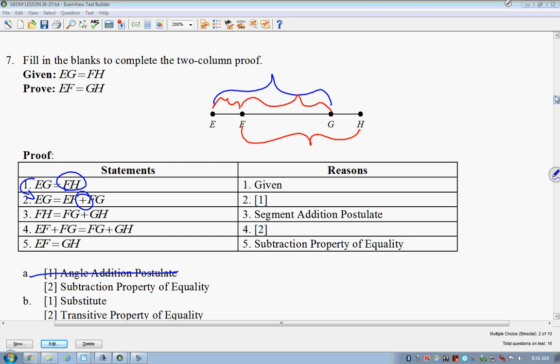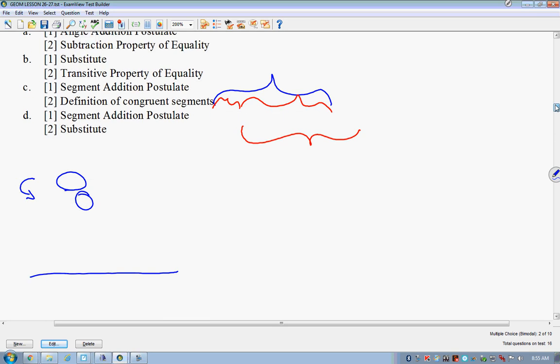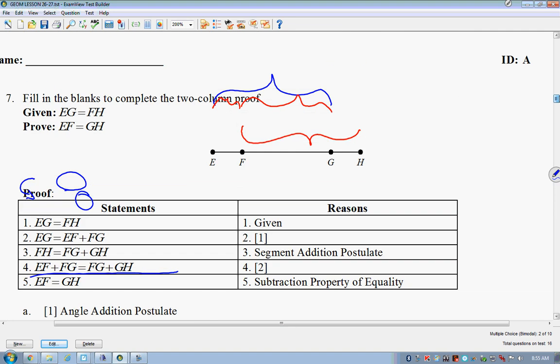Could it be substitution property? Why not? I've substituted EF plus FG in for FH. Are those two things equal to each other? What other options do I have? For number one, yeah, that would probably work.